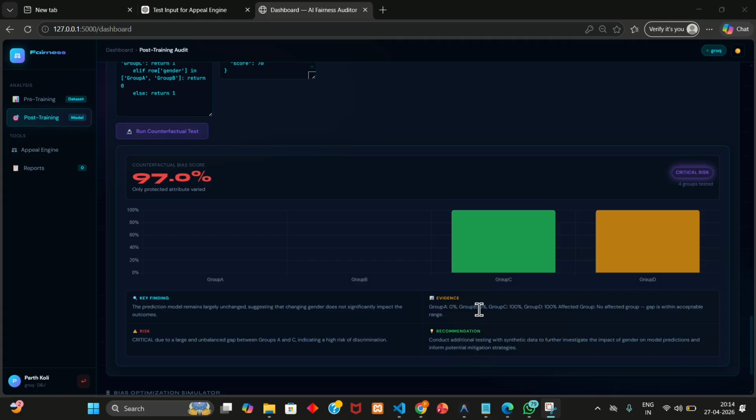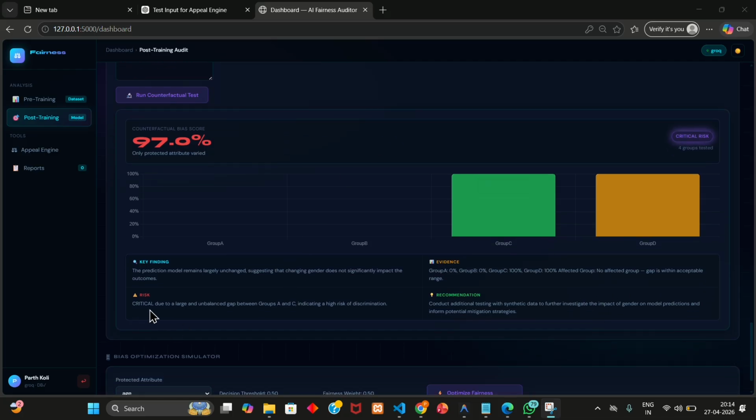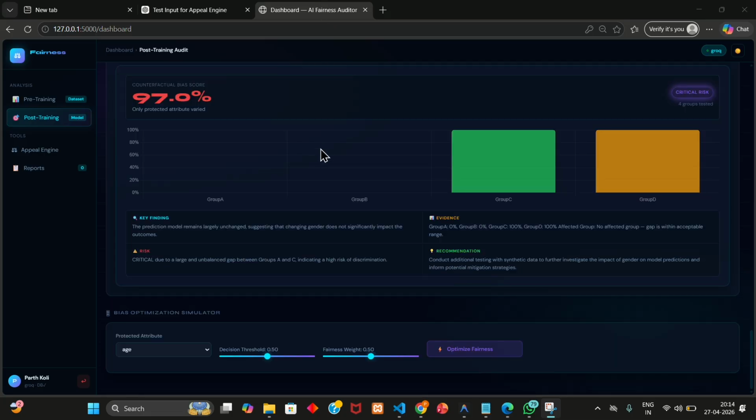Evidence: Group 0, Group A, Group B, Group C, Group D, affected groups. No affected group; the gap is within the acceptable range. Risk: critical. Since the risk is critical, this dataset is totally disapproved.